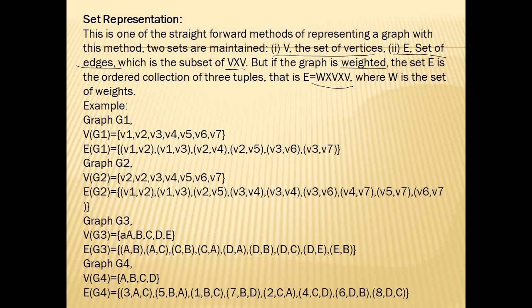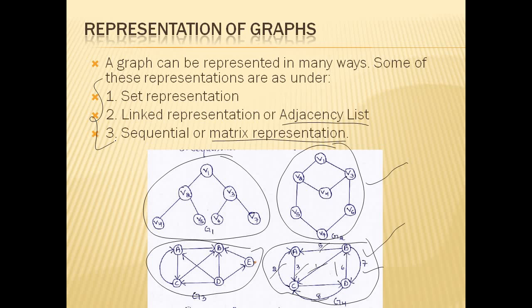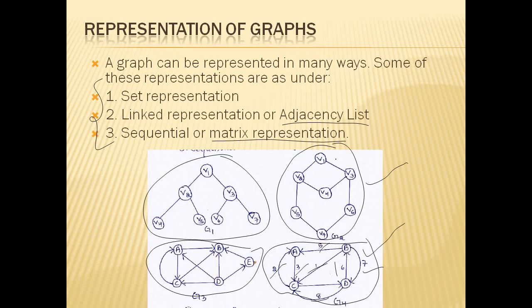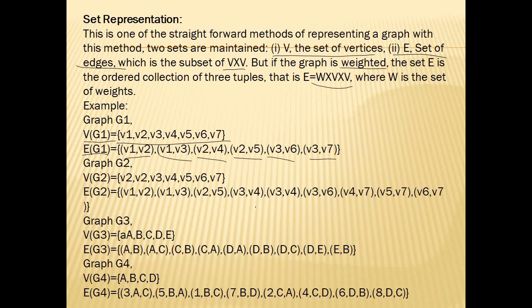V of G1, the vertices of G1, is V1, V2, V3, V4, V5, V6, V7, and the edges of G1 are V1 to V2, V1 to V3, V2 to V4, V2 to V5, V3 to V6, and V3 to V7. Wherever you find edges, we list them. Like this we represent it.